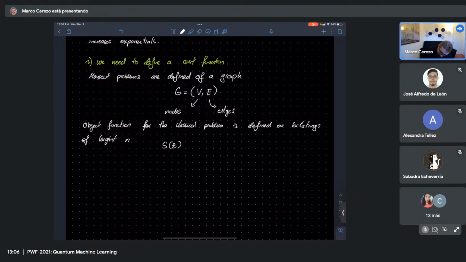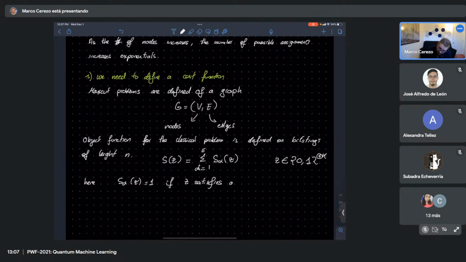Essentially, all we need to do is that this classical objective function takes a bit string z, using the notation you now know, and makes a summation. Alpha goes from 1 to the number of edges to see if a clause is satisfied. Here, S alpha of z is equal to 1 if z satisfies a given clause.